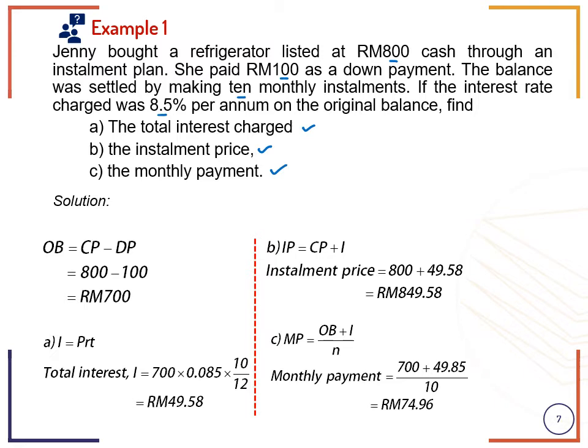First, identify all the important values. 800 here is the cash price. 100 is the down payment. 10 here is N. 8.5% here is R, where R equals 0.085.